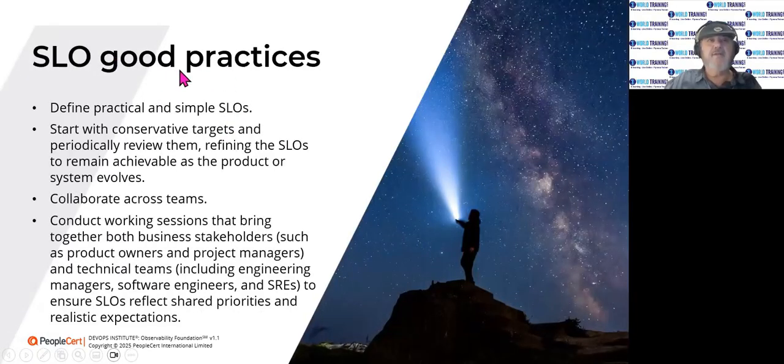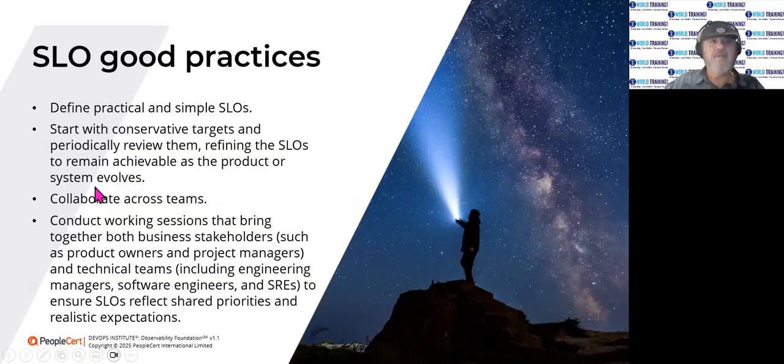These are just some good practices for SLOs, not exhaustive. So make sure your SLOs are practical, simple, easy to understand. Start with conservative targets, periodically review them. Refine the SLOs to remain achievable as the product or system evolves. You may have to change the product too if you're not able to accomplish your expected SLOs in terms of customer expectations.